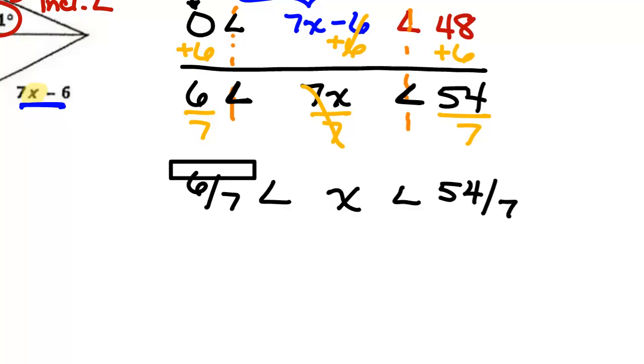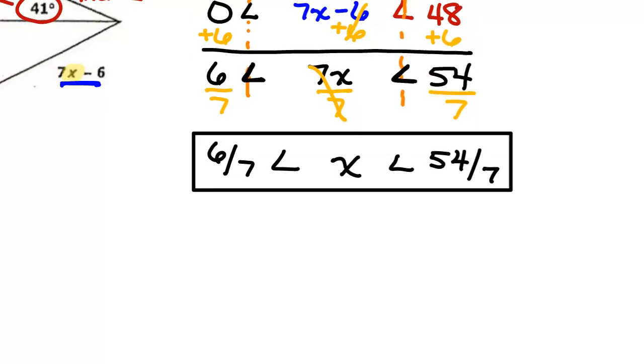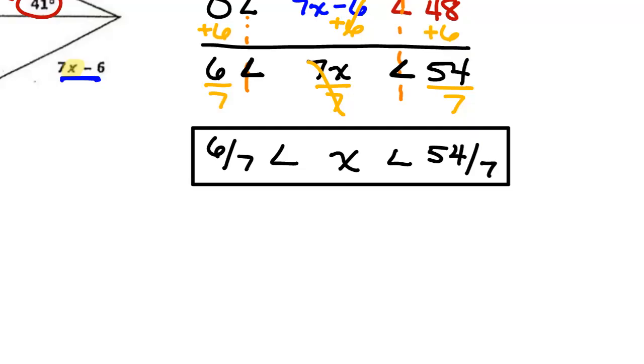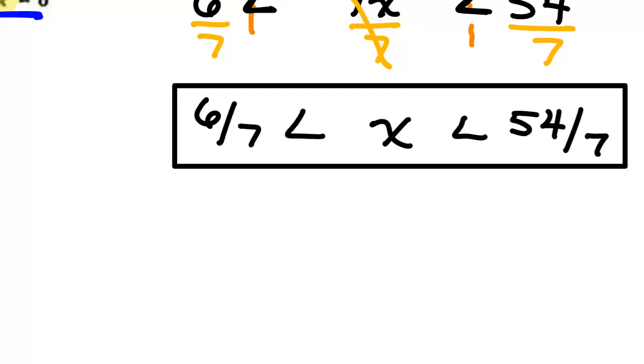I could write that down as a final answer and be done. Or if you want to, you can put it in decimal form. What is 6 over 7 in decimal form? 0.857, and it keeps going after that. We're just going to round it to 3 places.